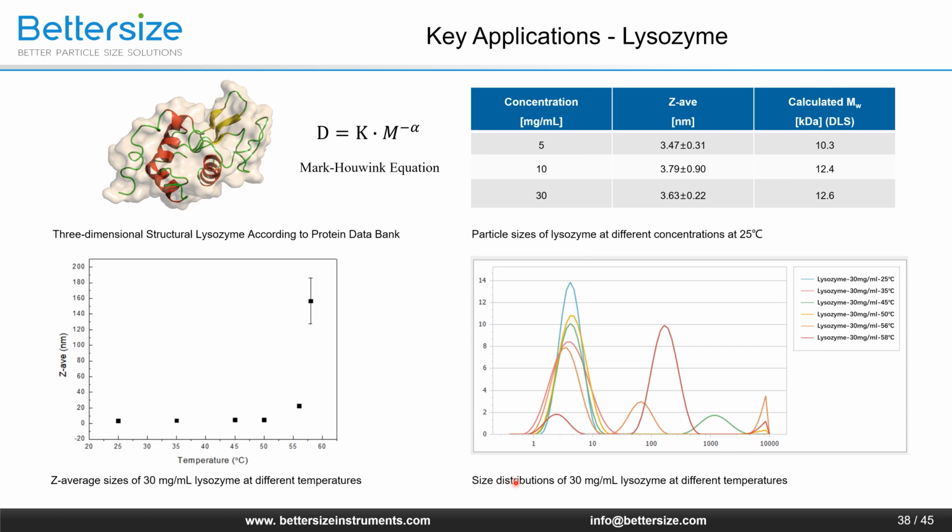As shown in the size distributions, the particle size of lysozyme was initially small and had a narrow distribution at room temperature, whereas large lysozyme aggregates were formed due to protein denaturation at high temperatures.